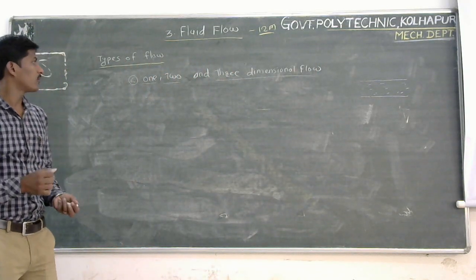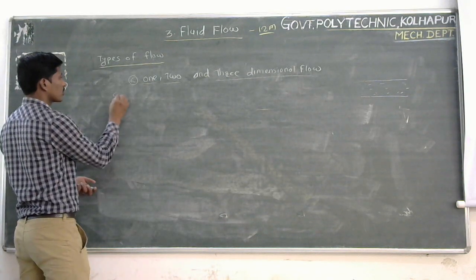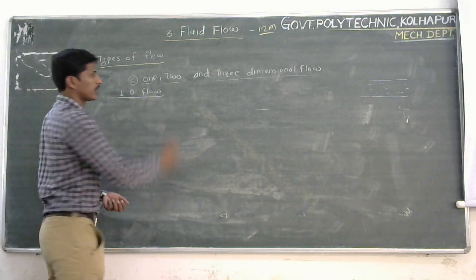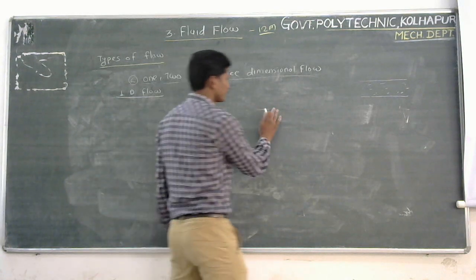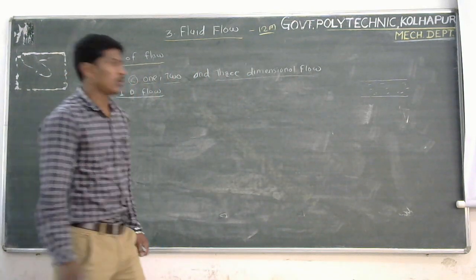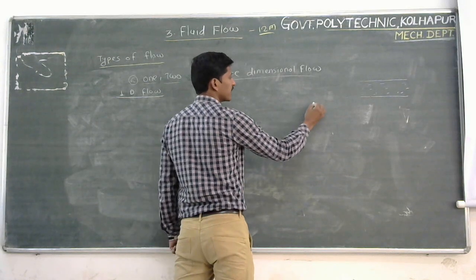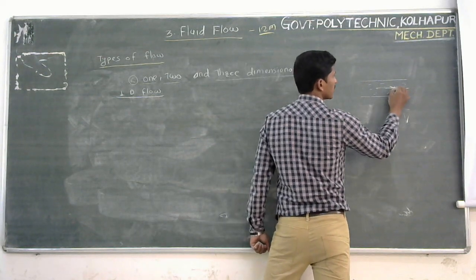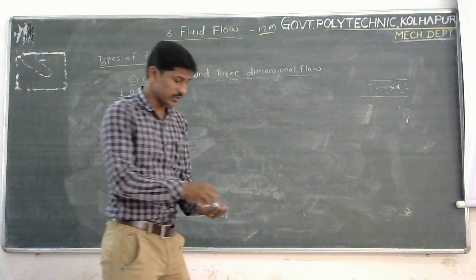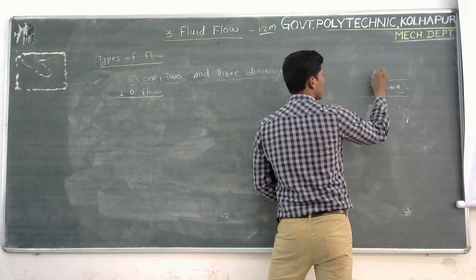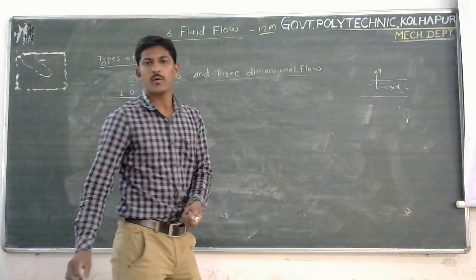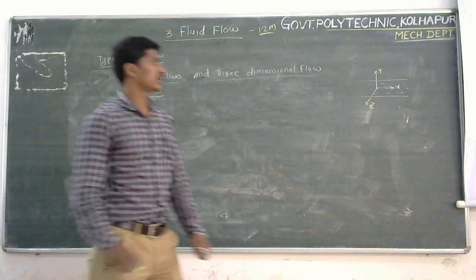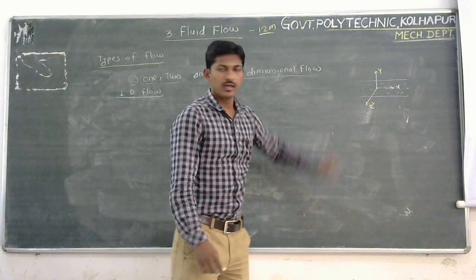So how can we define it? One-dimensional flow first of all. For the fluid flow, if we consider the three directions, that is, the direction of flow in x direction, the second, that is y direction, and the third one, z direction, this will be the 3-dimensional flow.